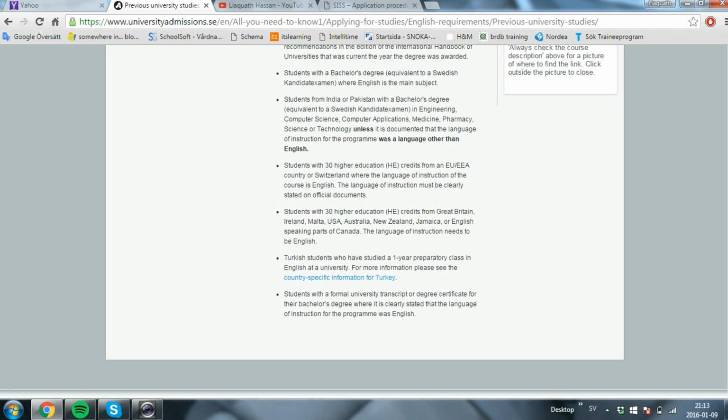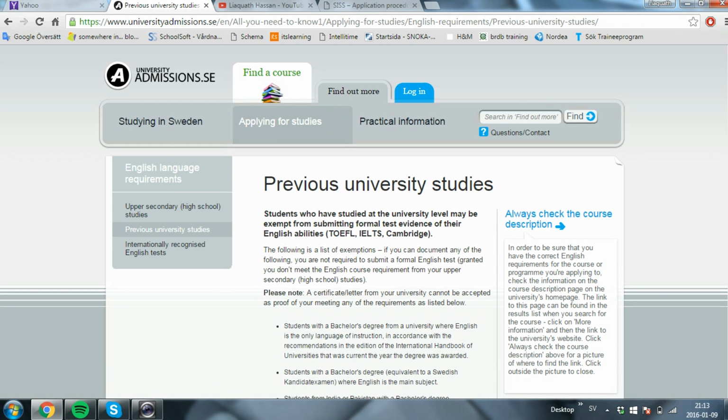Next part is the documents: uploading documents and sending documents. As I mentioned already, for the master's program, you can always upload the recommendation letter, motivation letter, and passport. But for the university transcripts, mark sheets and certificates, you need to send them by post.